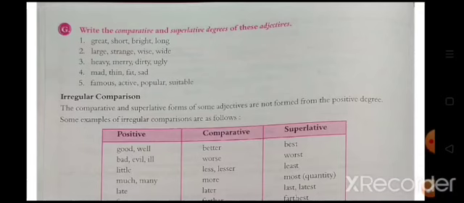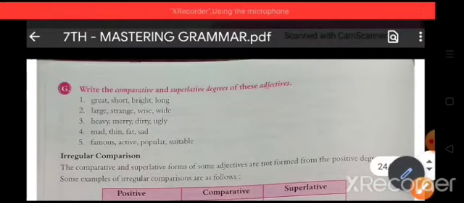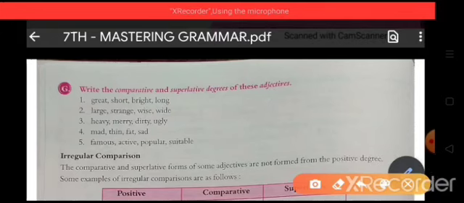Write the comparative and superlative degree of these adjectives. Great, short, bright and long. Now here the positive degrees are written over here.